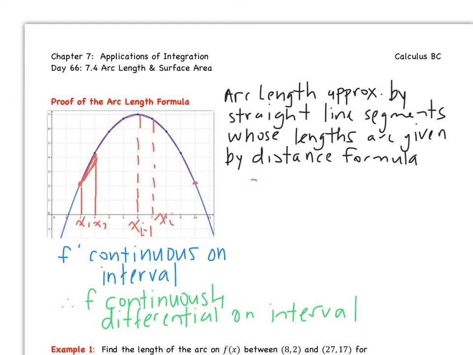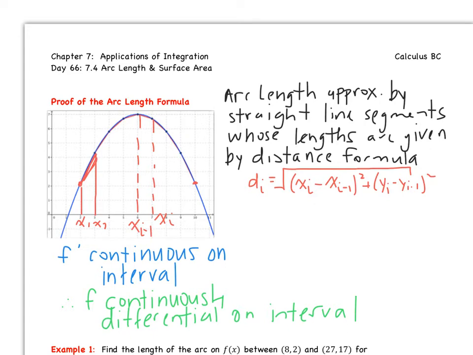We're finding the distance of these intervals, so we know the distance formula: the square root of x i minus x i minus 1, squared, plus y i minus y i minus 1, squared. Since we're finding the sum of all of these distances, this turns into an integral.